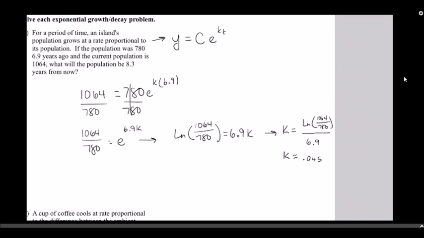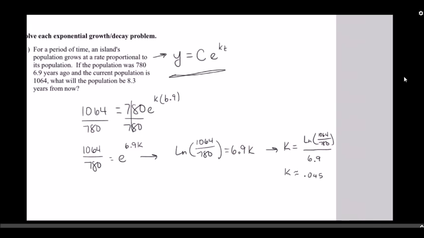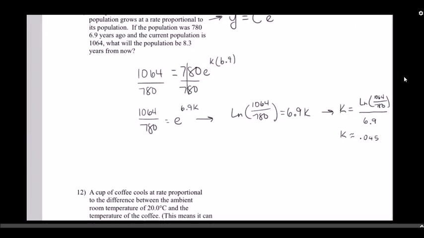So now that we know the value of k, we can go back and use this formula again. But now for c, we can use our current value of 1064 for the population to try to find future population 8.3 years from now. So future population y equals 1064 times e, and remember k is 0.045, and then the value of time is 8.3.